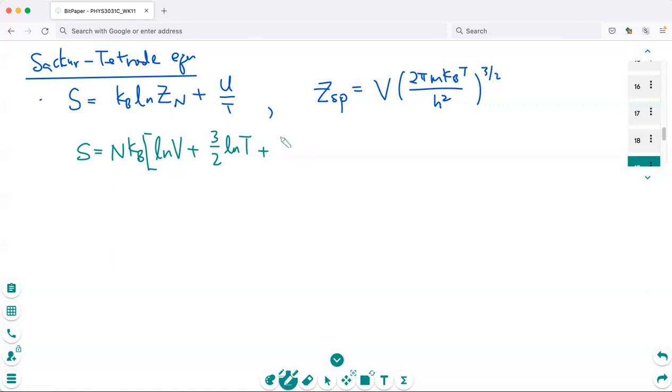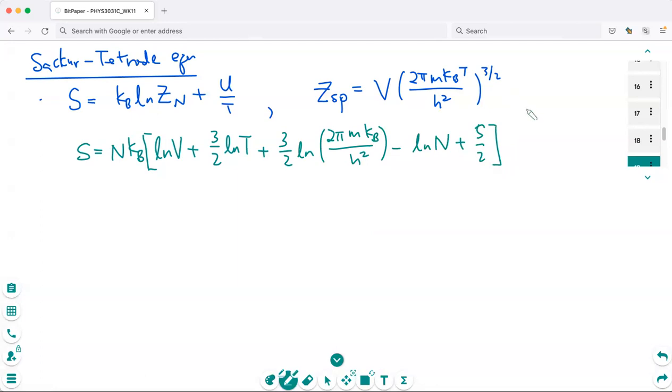And then you have a bunch of constants which you probably don't want to write out, related to this 2 pi m kB over h bar squared. I will just group them together. Now, if you do it correctly, you have this term log N plus another number.